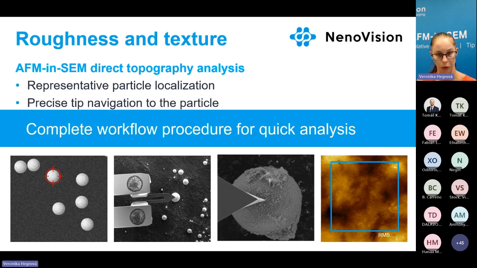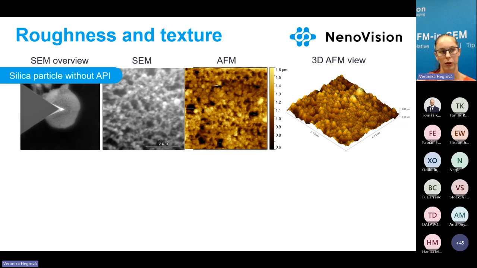So there is a complete workflow for the quick analysis. And if we have a look at the silica particle without API, we can see the SEM and AFM of the sample surface just in the middle, somewhere here.